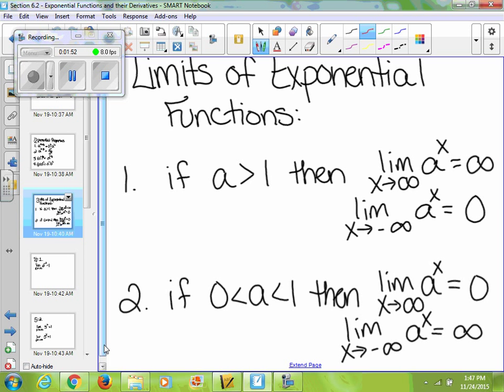If a is in between 0 and 1, so a fraction or a decimal, then the limit as x approaches infinity of a to the x is 0, and the limit as x approaches negative infinity of a to the x is infinity. So your limit depends on your base.